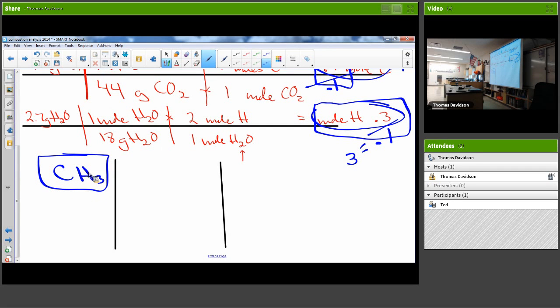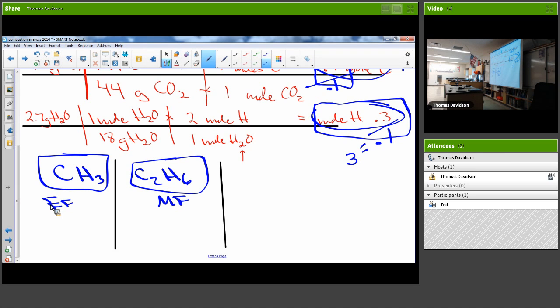So this is the empirical. This definitely would not be the answer, like for real. This is the answer of what I gave you. But more than likely, this is C2H6. But this is the molecular formula. This is the empirical formula.